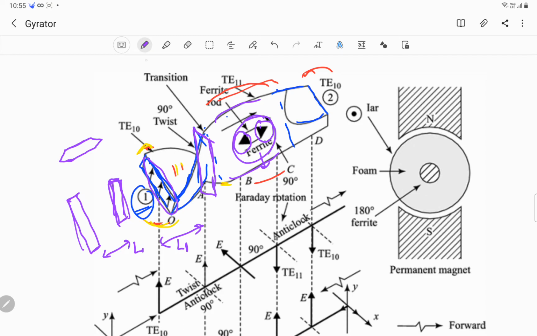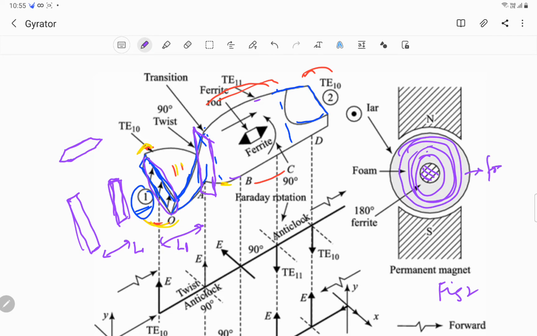And this is supported by a polyfoam. So this ferrite rod inside the circular waveguide is supported by a polyfoam, as can be understood from figure number 2. In figure 2, this cross section is the ferrite rod, and as you can see, it is being surrounded by foam or polyfoam, and then it's placed between the north and south poles of a permanent magnet.